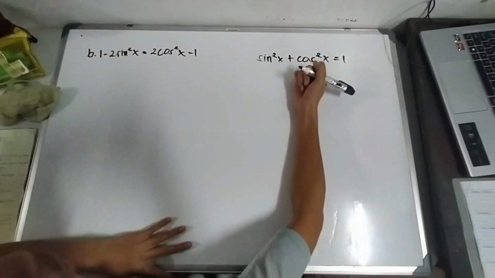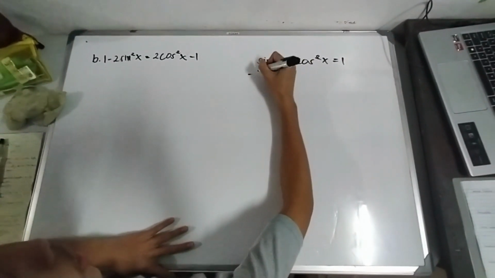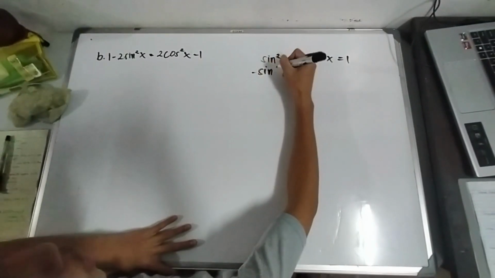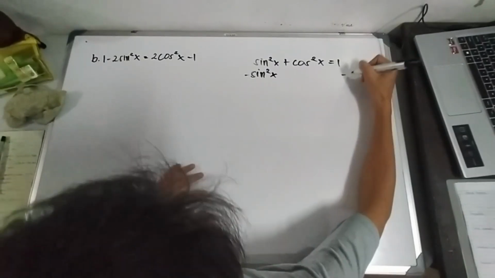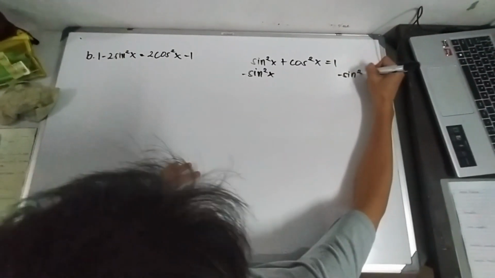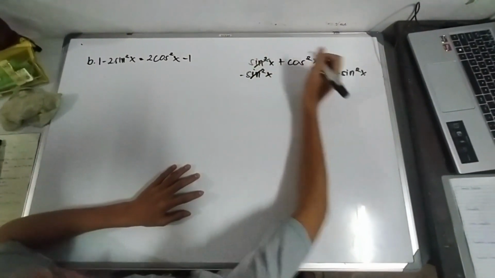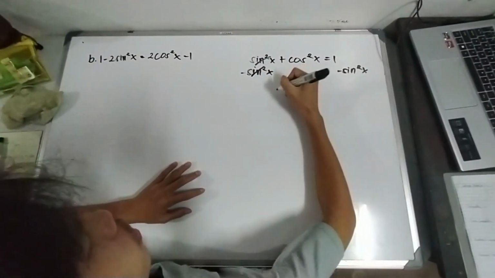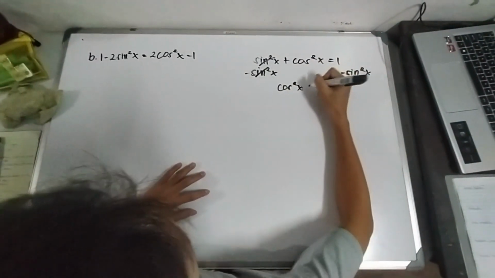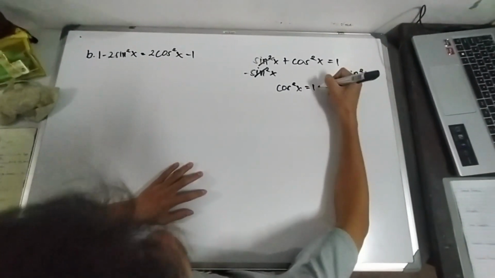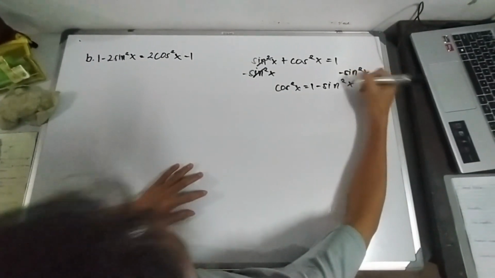In this next problem, we will use the Pythagorean identity, which is sine squared x plus cosine squared x is equal to 1. So here we will subtract sine squared x on this side, and on the right side negative sine squared x, and we will cancel out this, and we will be left with cos squared x equals 1 minus sine squared x.